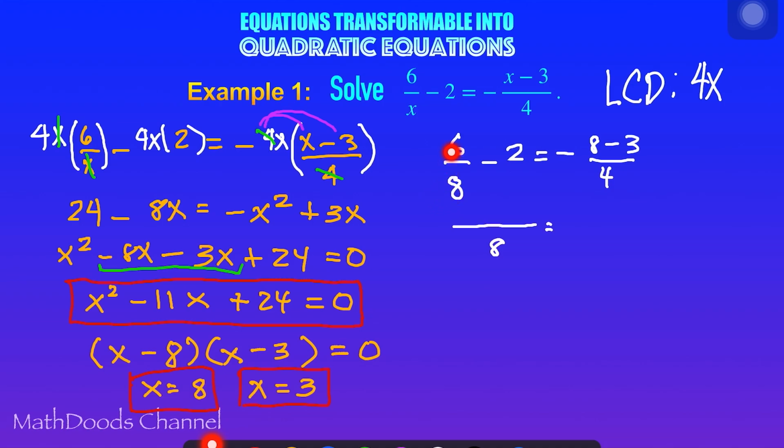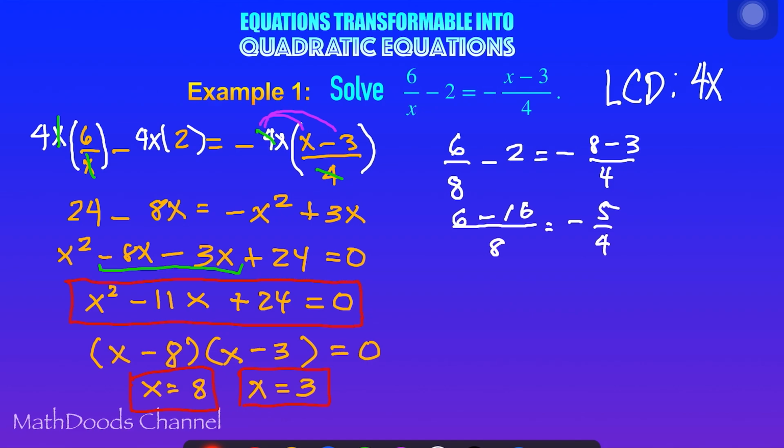Tapos, 8 divided by 8, 1 times 6, 6. Minus 8 divided by invisible 1, 8 times 2, 16. Tapos sa kabila naman, negative 8 minus 3 is 5 over 4. Ayan.